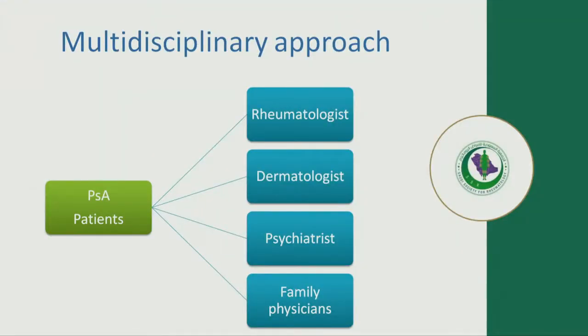And the last thing, don't forget the multidisciplinary approach. Don't only treat the disease, treat the patient. If you discover that your patient has a problem, refer him to the appropriate service that can take care of the patient, and collaborate with the dermatologist for the optimal choice of therapy and the optimal outcome of the disease.